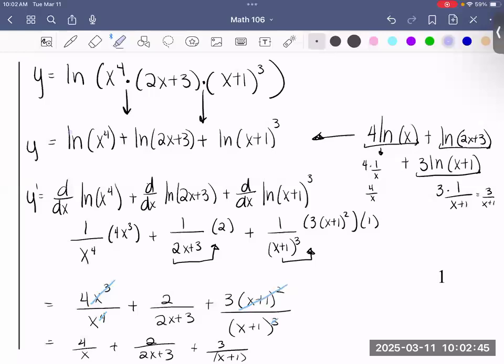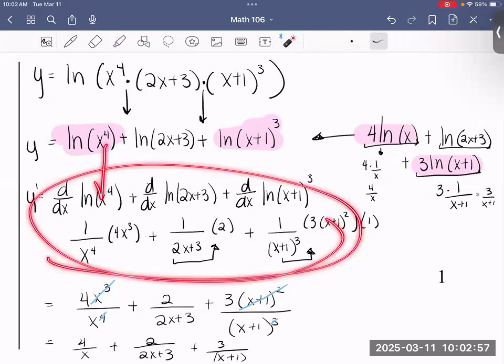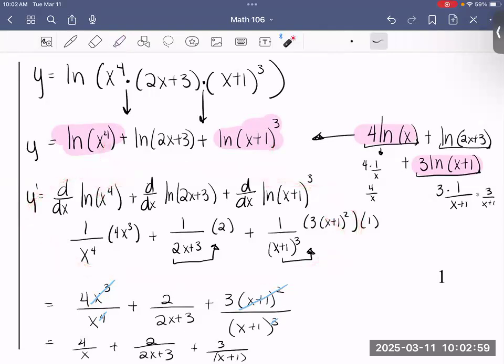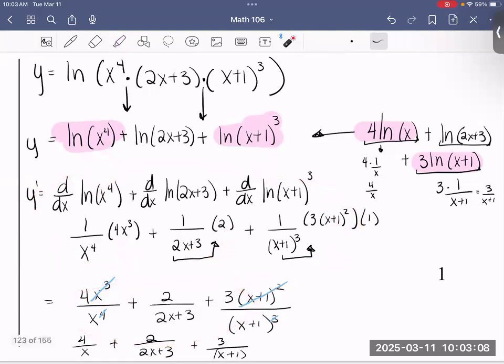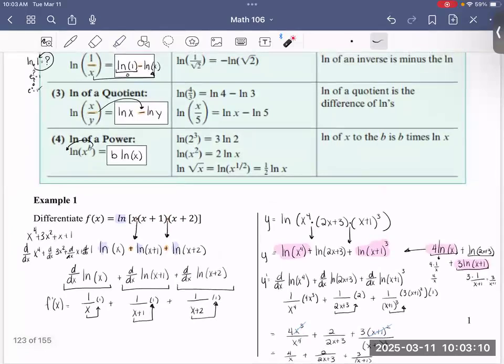So these ones, this one and this one, you just use that property a little bit further. Whereas this one, if you were to continue downwards, you just do the chain rule in itself, and then you have to simplify. So it's completely up to you on how you manage those. So this is if you have an ln with that shortcut.